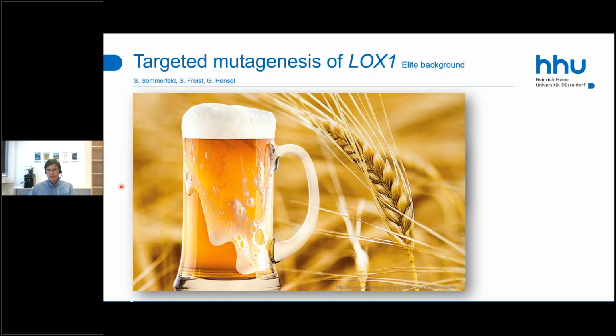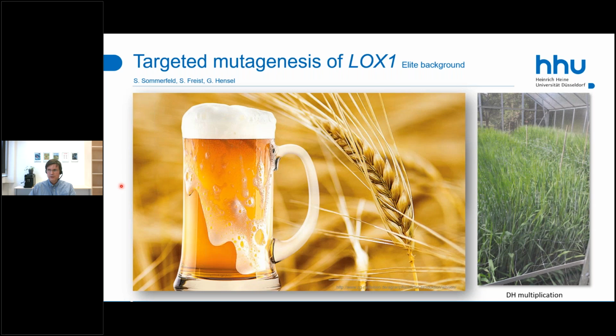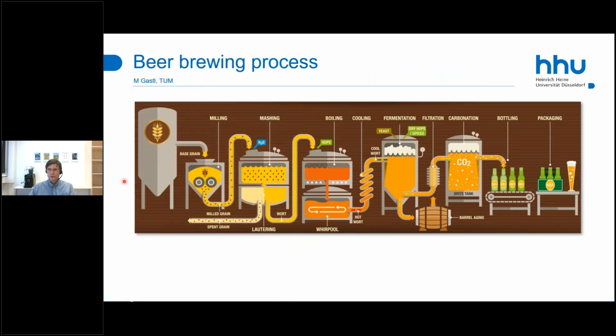We went on, we made DH, and we made multiplication because we wanted to go further in processing and see the outcome. We teamed up with Martina Gastel from the Technical University of Munich, and she used our barley grains to come to this stage here to make some beer.